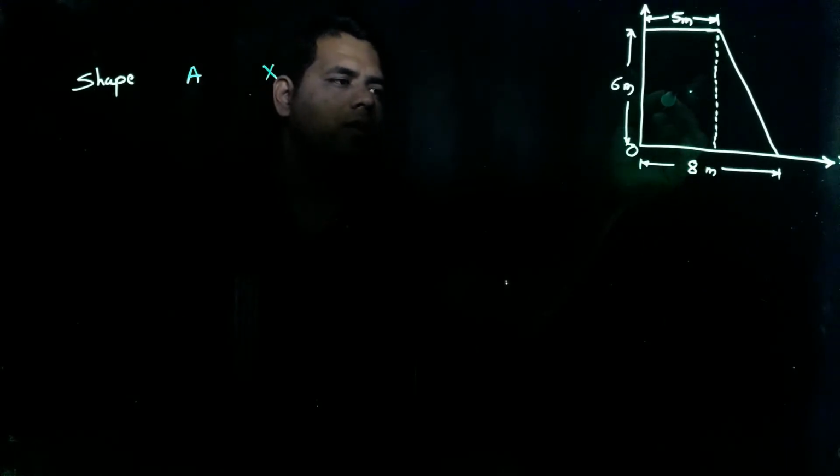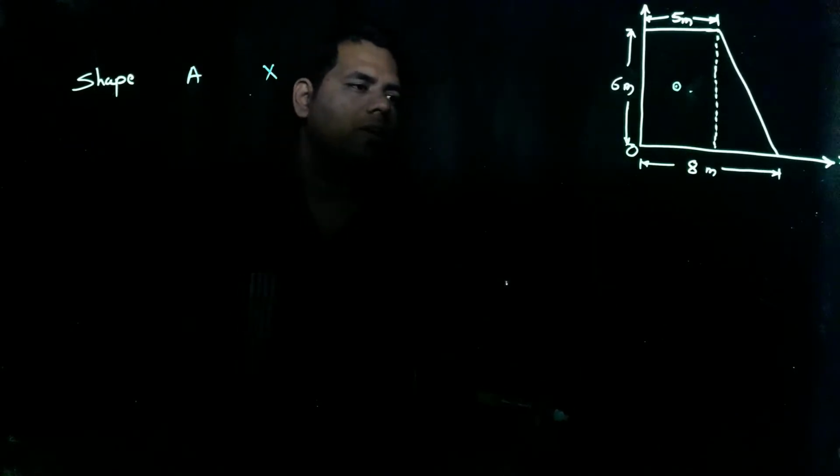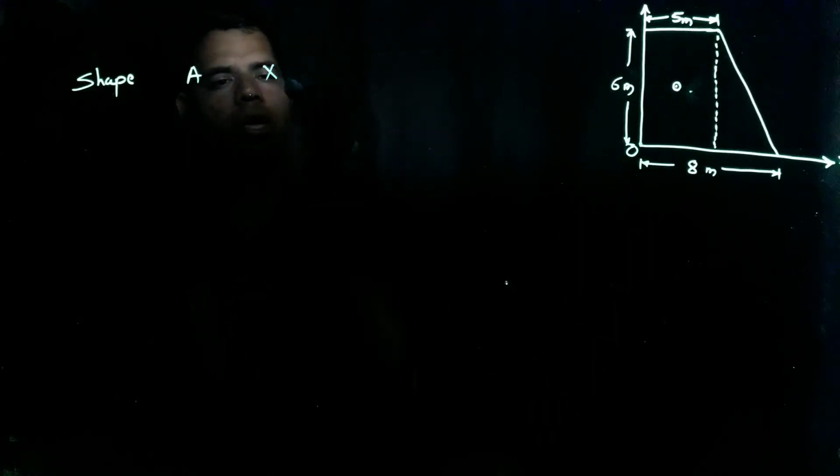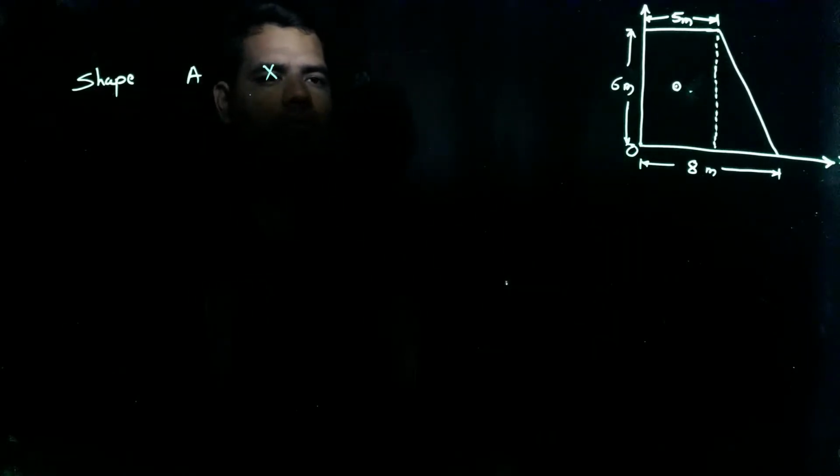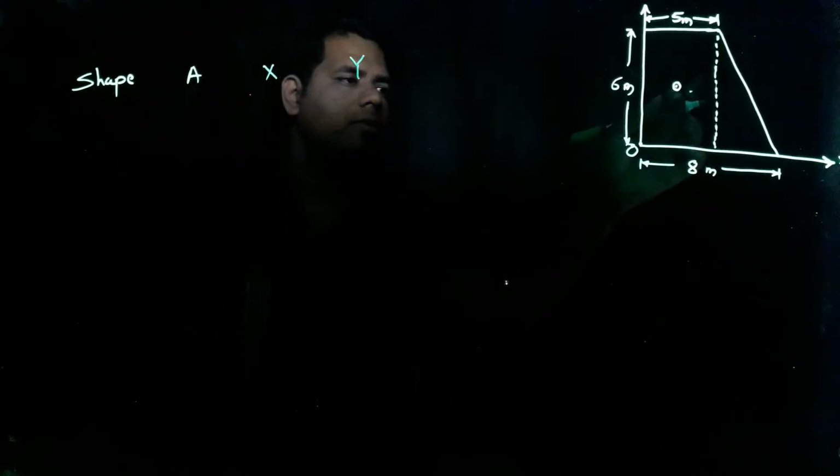Means if we consider the center of this rectangle is here and the origin is here, then the x coordinate of that center, and the y coordinate of that center of the standard shape.